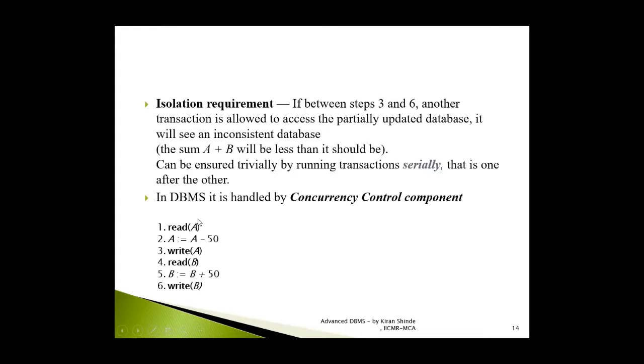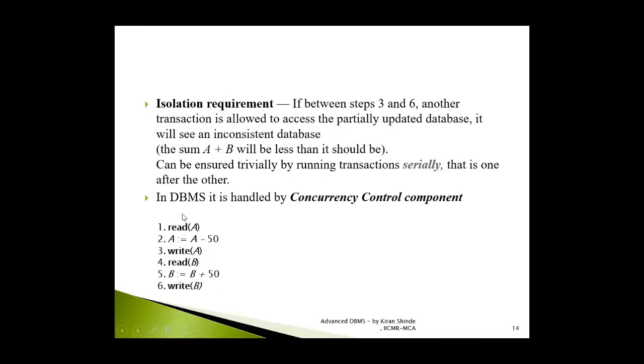This can be ensured trivially by running the transactions serially, that is, one after another. It means the second transaction, the intermediate transaction which is trying to read this value between step 3 and step 6, will not be allowed to read. Rather, the first transaction will be executed in a serial manner.